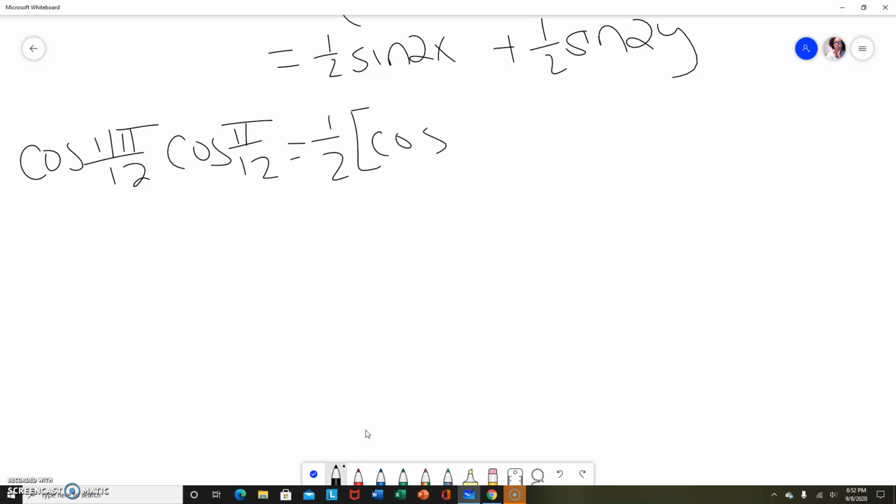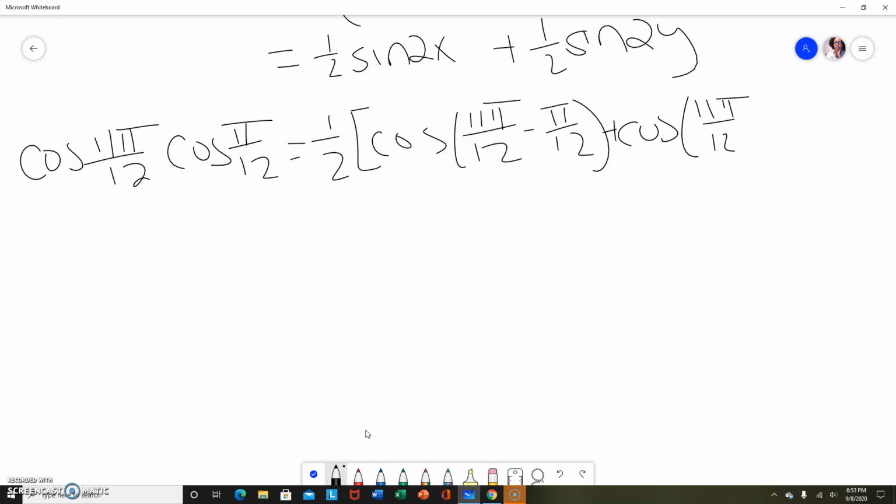And so we get cosine of 11 pi over 12 minus pi over 12 plus cosine of 11 pi over 12 plus pi over 12.